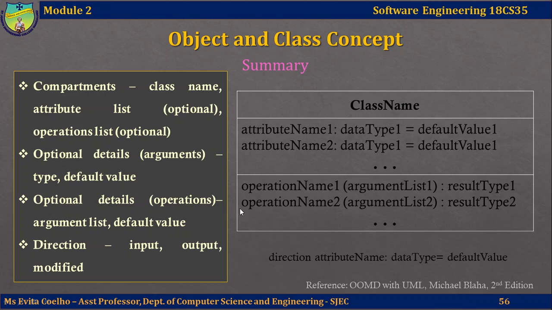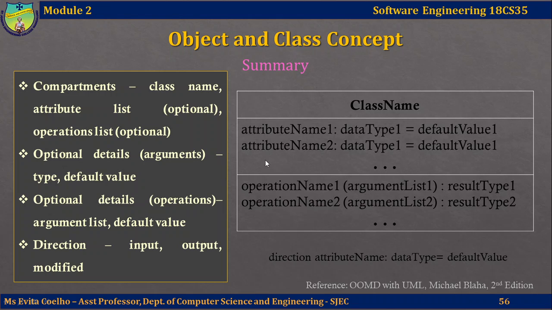So the attribute and operation compartments of class boxes are totally optional, and you may or may not show them. A missing attribute compartment means that the attributes are not specified. Similarly, if an entire operation compartment is missing, that means that the operations are not specified. In contrast, if I leave this compartment empty, it means that attributes and operations are specified and that there are none.